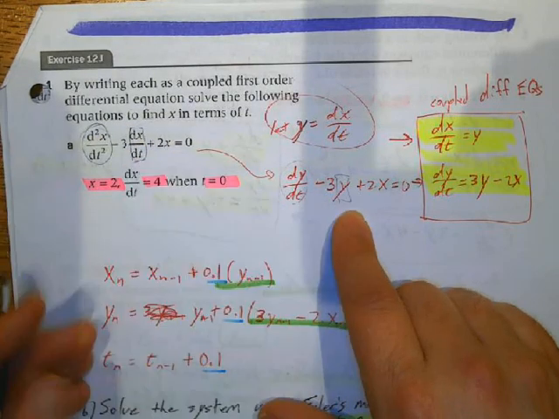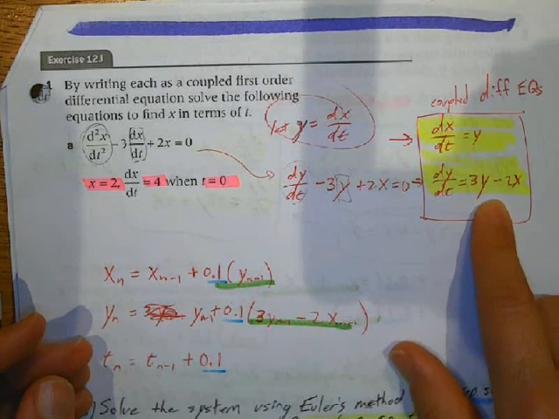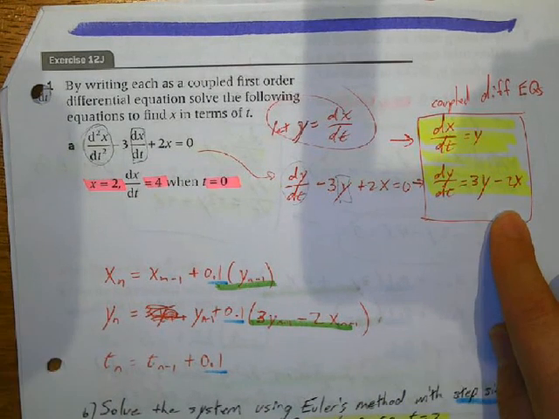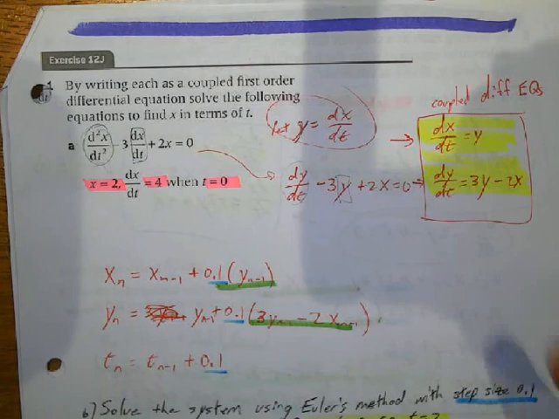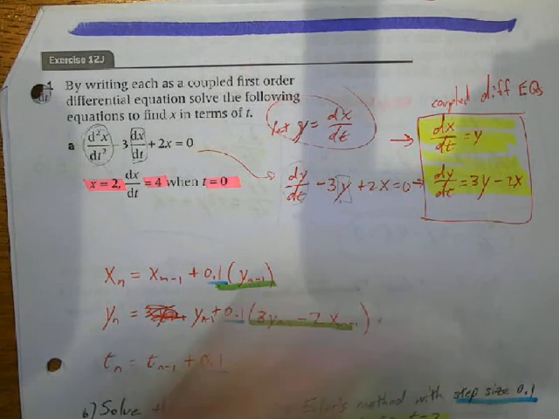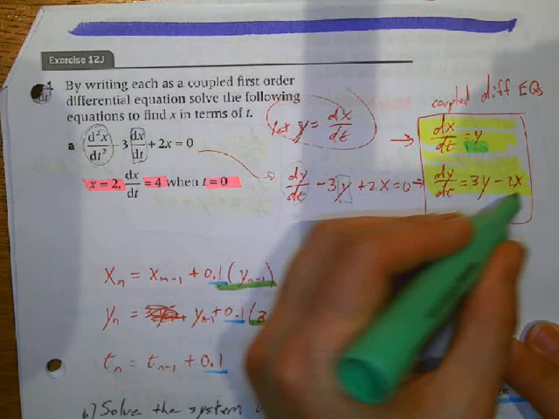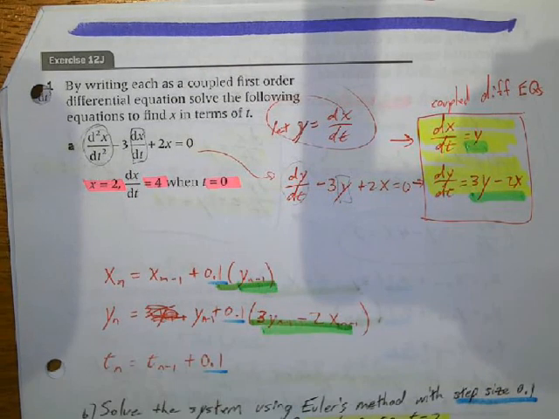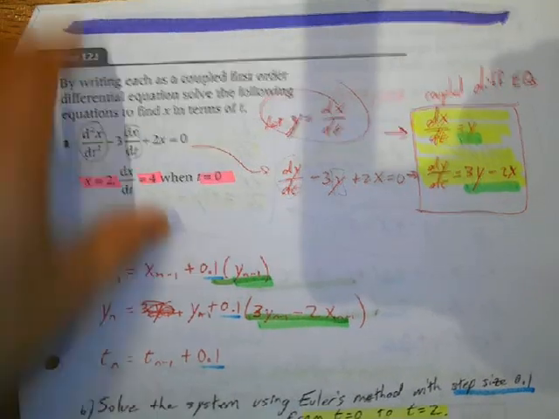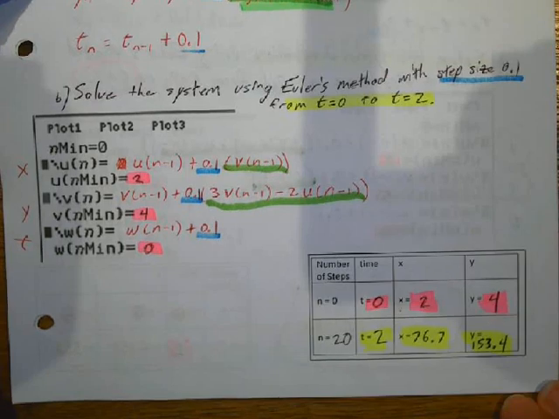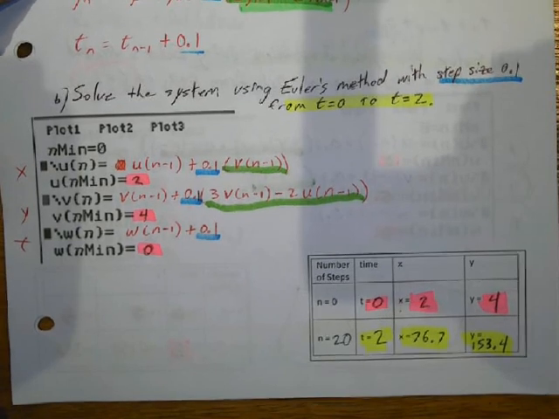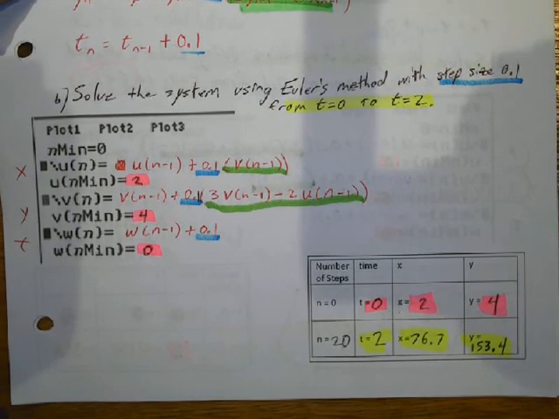Then I've got my second differential equation, and there are my coupled differential equations. Then I rewrote these portions of the diff eq in right here, put it into my calculator, and these are the values I got when t equals 2. Hit pause if you need to copy this down.